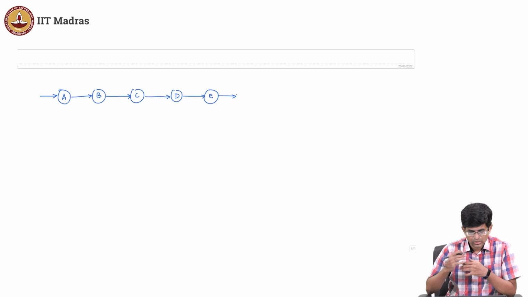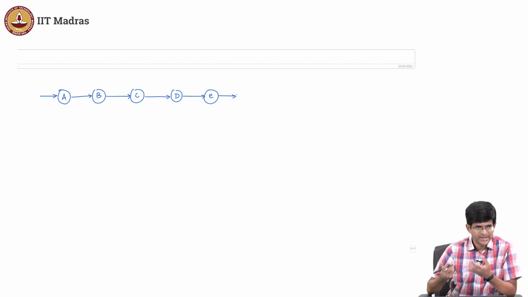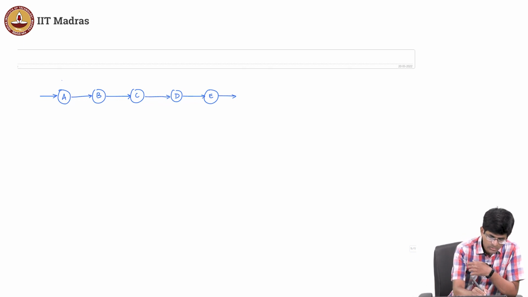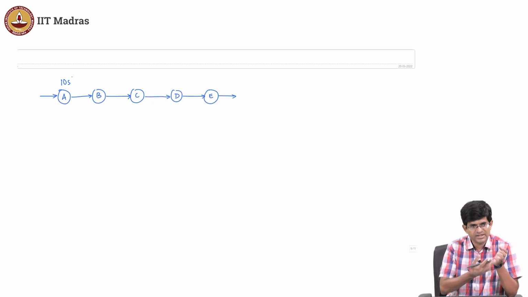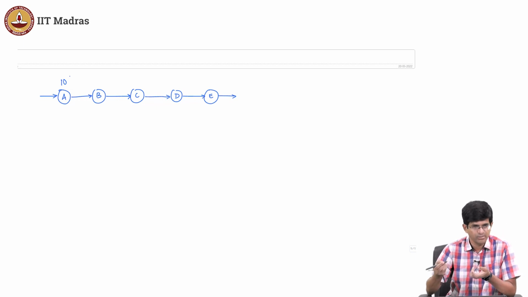Now, let us start associating a certain running time with each of these things, okay. So, I am going to say that A takes, let us say, 10 seconds to process each chunk of data that it receives, okay. I do not know what A is doing, so let me leave the word seconds out of the picture, because I do not care what time unit it is. Normally, I would have said nanoseconds because I teach this in the context of a hardware course.